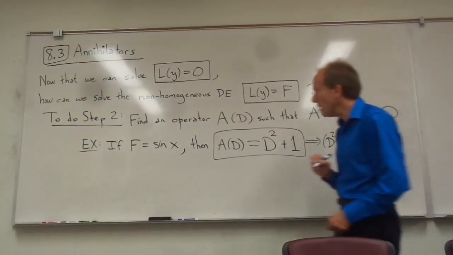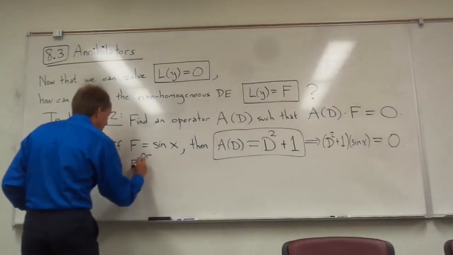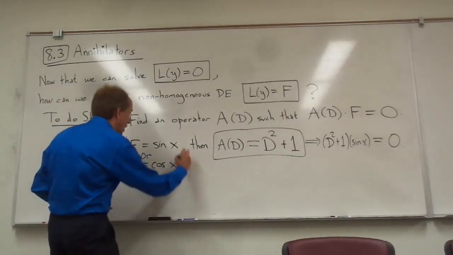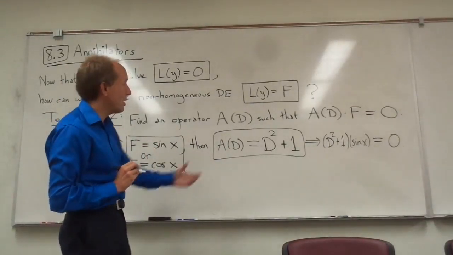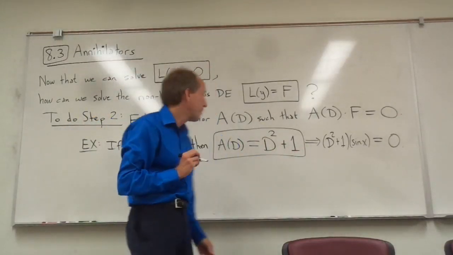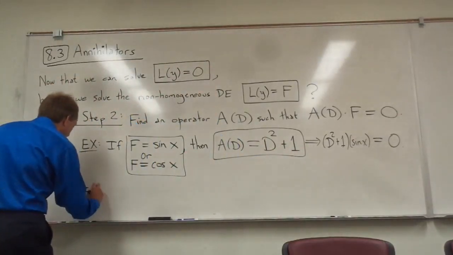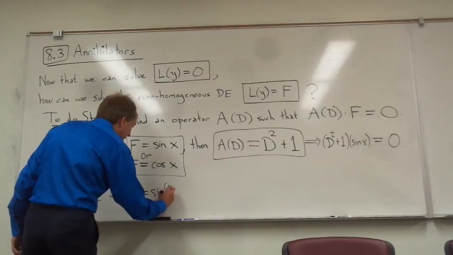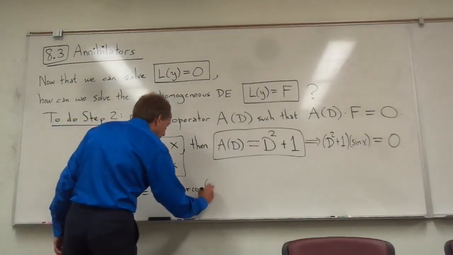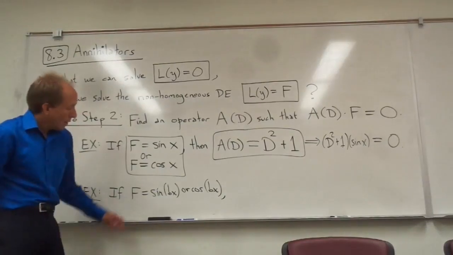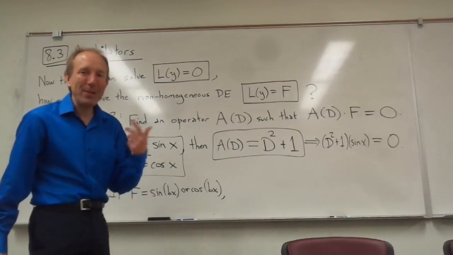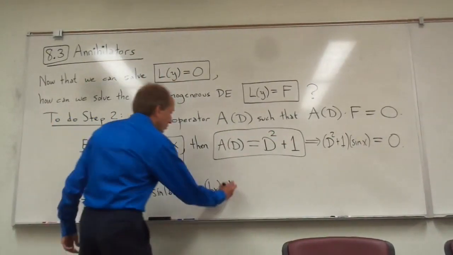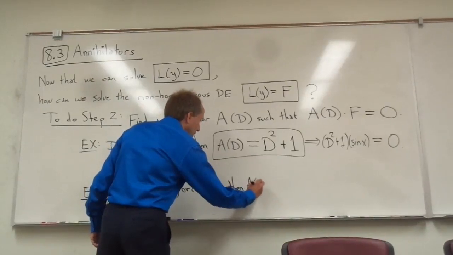And actually, the same annihilator would work for cosine of x. So I'm just going to add that here as well. If you have sine or cosine of x, you can annihilate it with D squared plus 1. More generally, if you have sine of bx or cosine of bx, when you take derivatives you're going to be pulling b's out in front every time you take a derivative. So we do need to modify our annihilator just a little bit.